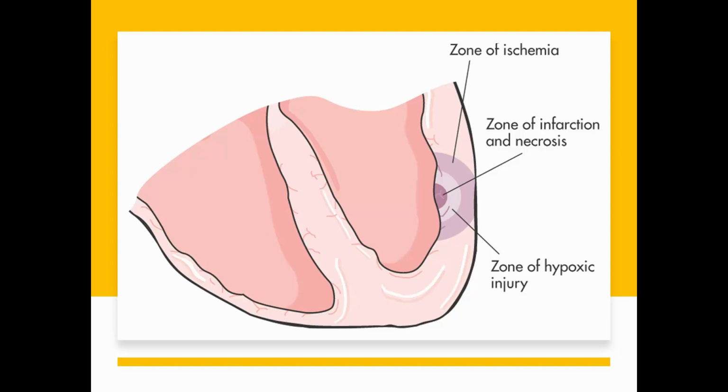The second thing that determines how large your zone of infarction is your anaerobic metabolism, meaning how well do those cells function without oxygen. And then the third thing is the actual workload demands on the myocardium. So those three things together determine how big this zone of infarction is going to be.